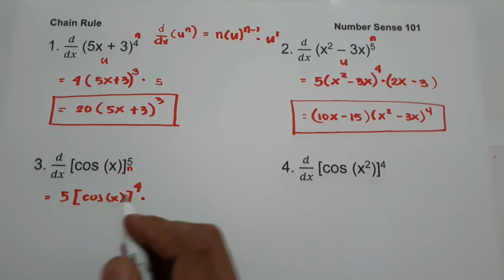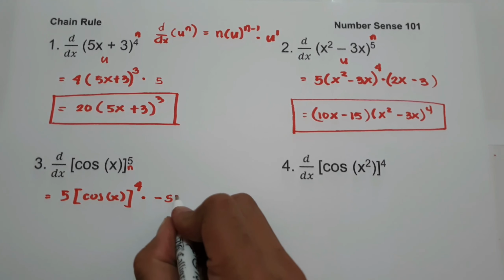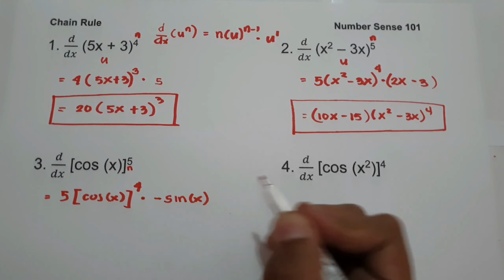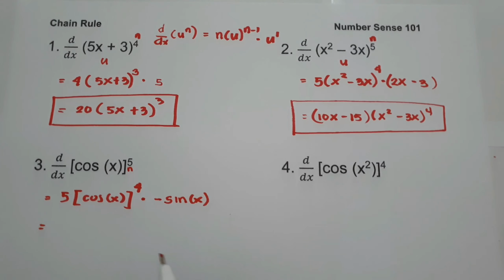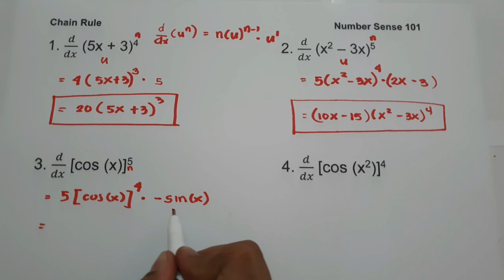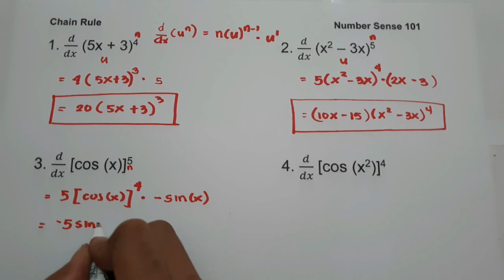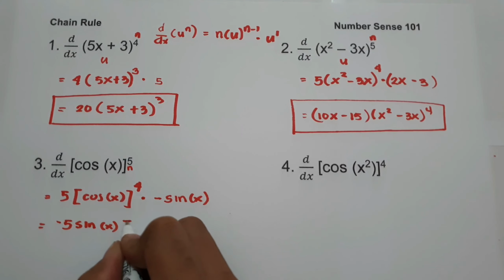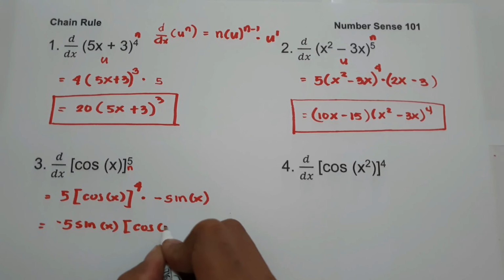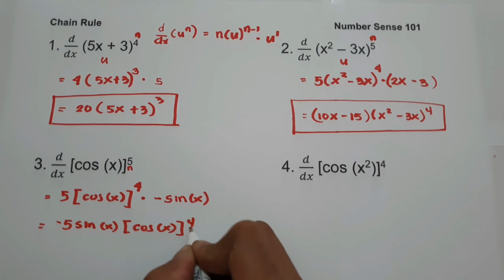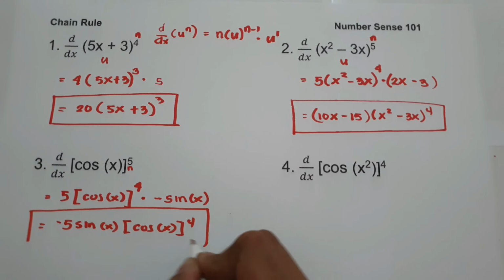So the derivative of cosine x is negative sine x. And to write our final answer, we have 5 multiplied by negative sine x will be negative 5 sine x times cosine x raised to 4. And this will be our answer.